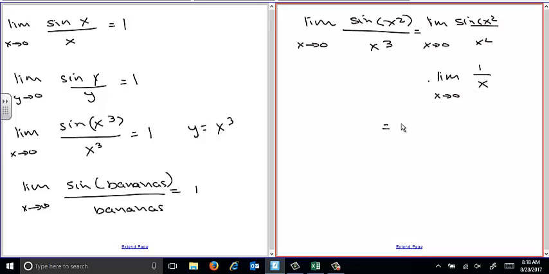So this wouldn't be indeterminate. The original one would be indeterminate because you'd have the sine of 0 over 0 cubed, which is still 0 over 0. But here you end up with 1 times undefined, basically, which is undefined. Okay.